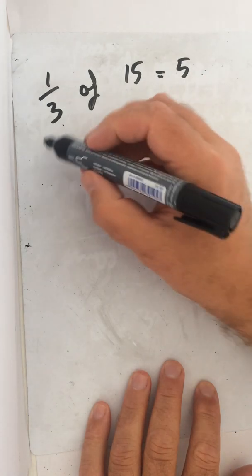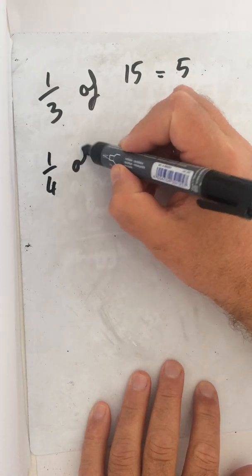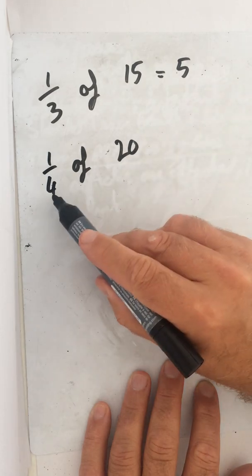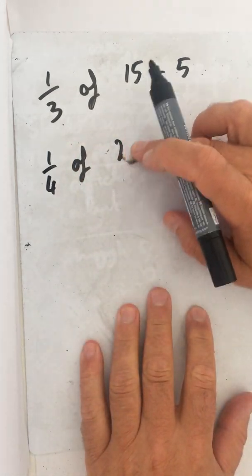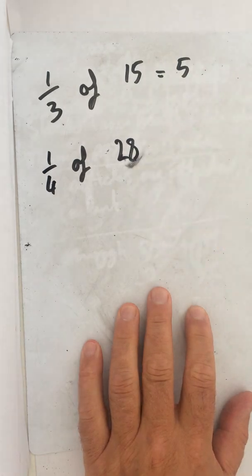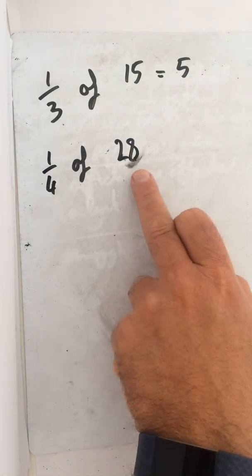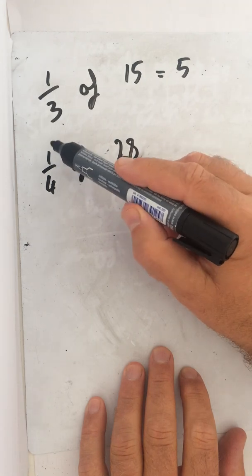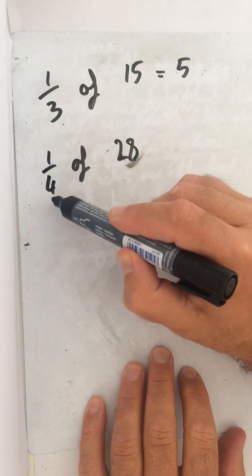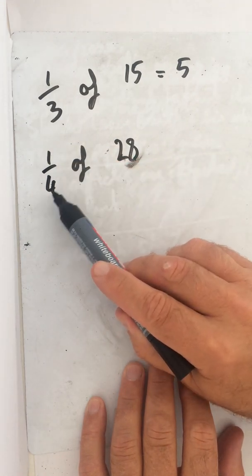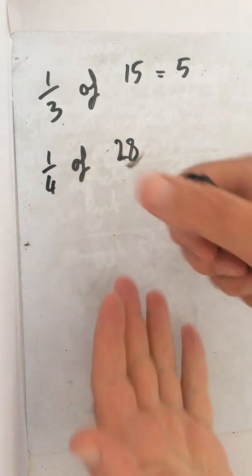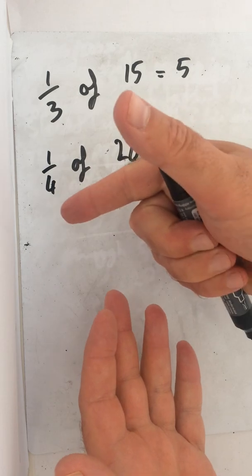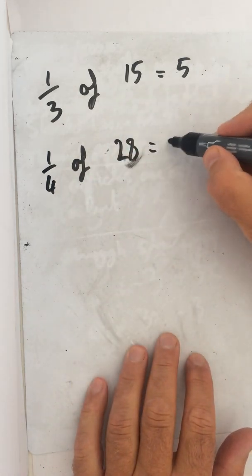Okay, so if I want to find 1/4 of 20, how many 4's go into 20? 5. Let's do another one. 1/4 of 28? Because I've got 1 as my numerator, 1 on the top, I'll just say how many 4's are in 28? 4, 8, 12, 16, 20, 24, 28, 7.